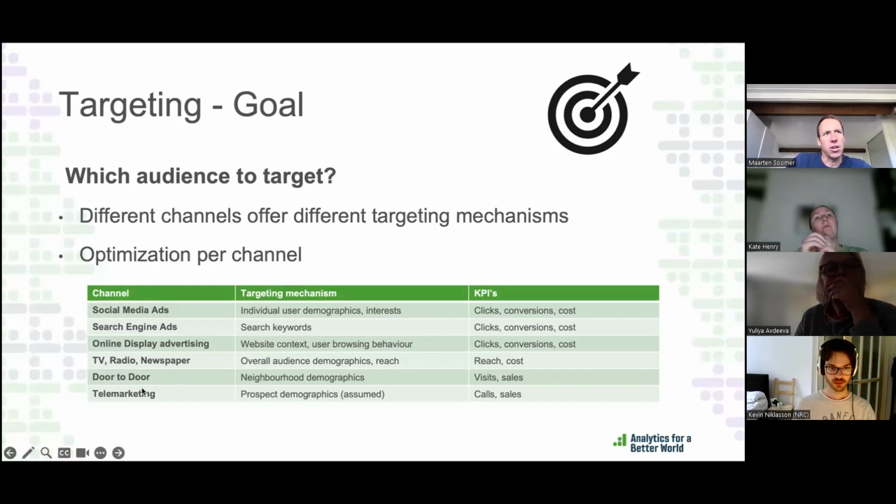And then the last two categories are more direct marketing activities like door-to-door and telemarketing. Again, we have different targeting mechanisms. In door-to-door, what is very interesting, I think, is that we can plan which neighborhoods to visit. And we can use data science again to predict which neighborhoods will deliver the most new donors based on data from the past, how successful we were in certain neighborhoods with some data about these neighborhoods.